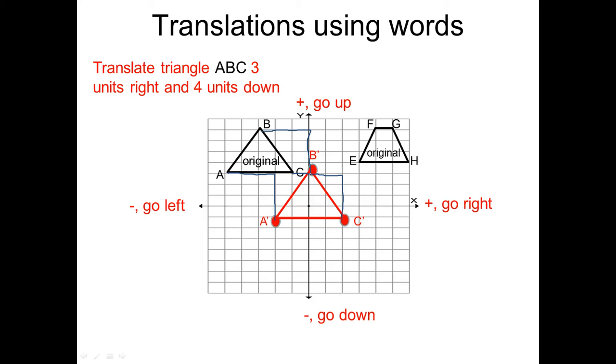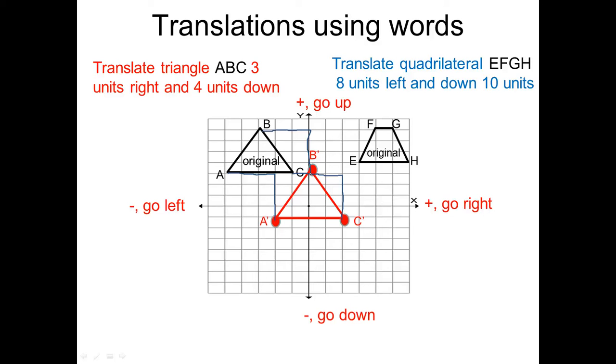I can translate the quadrilateral EFGH, that's a trapezoid, in the same manner. It's wanting me to translate quadrilateral EFGH 8 units to the left and 10 units down. Go ahead and erase those other ones.